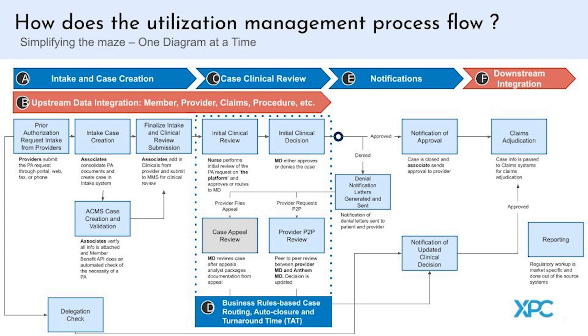A concurrent review usually happens when a member is inpatient at the facility and they need an immediate review if they want to stay a day or two more. So a prior auth is submitted from the facility, and then we say, okay, they can stay a day or two more or not. That's concurrent review, also part of the prior auth flow. And finally, if a prior auth is rejected, then the provider can file an appeal, and that appeal is looked at again. That is also a separate, disparate part of the utilization management process.